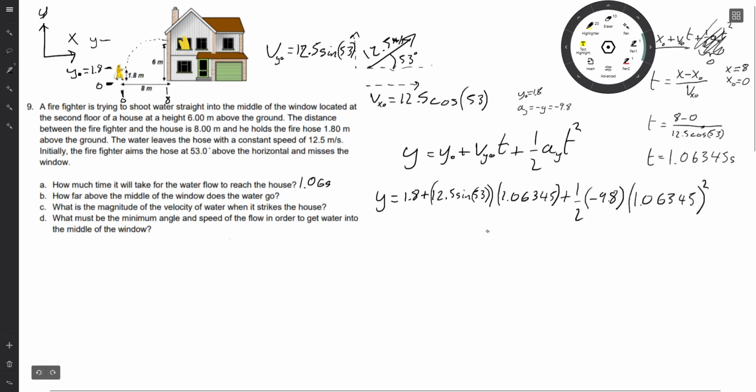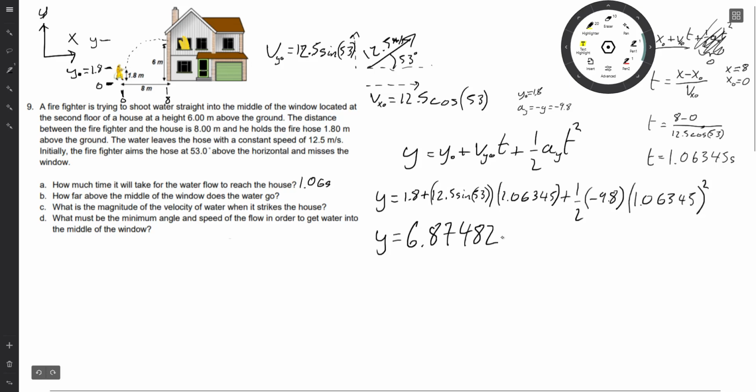This entire thing is going to give us our height, and I would put this entire thing in the calculator in one go to calculate what your height is going to be. So this ends up being 6.87482.